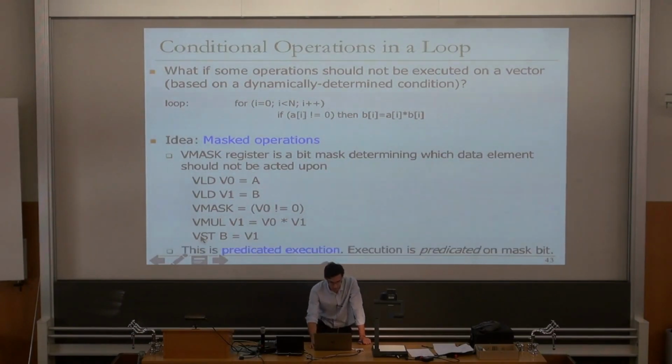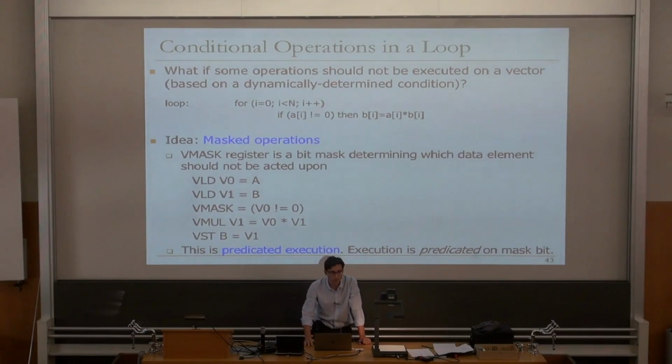This is what is called predicate execution, and actually this is a way of implementing control flow. Instead of using branches, we use this predicate register, we use these masks.